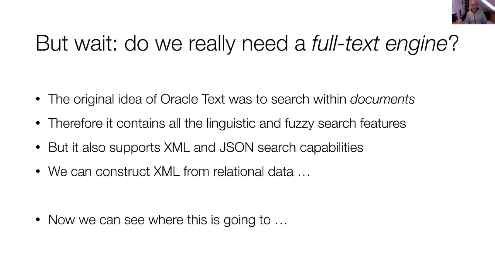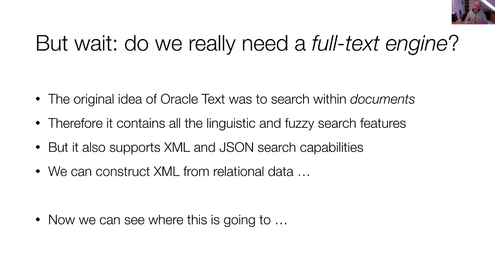But wait a moment. The roots of Oracle Text are document searching. That's correct, and that's the reason why linguistic and fuzzy search features are available. But, and here comes the important but, it also supports XML and JSON search capabilities. XML is the most interesting for us.